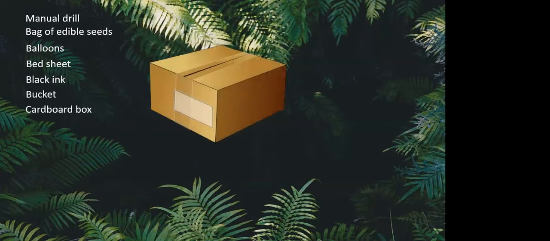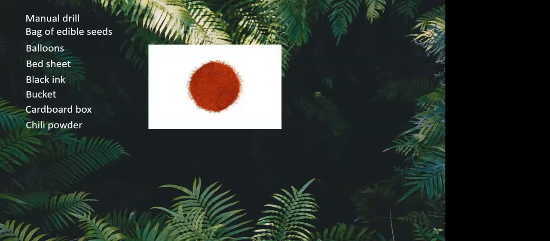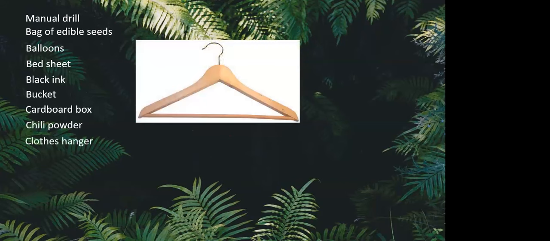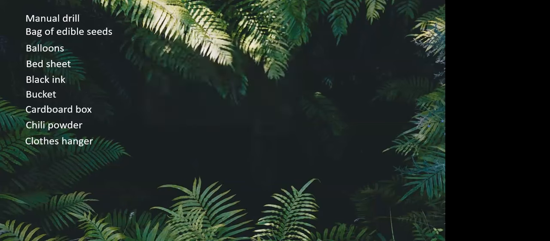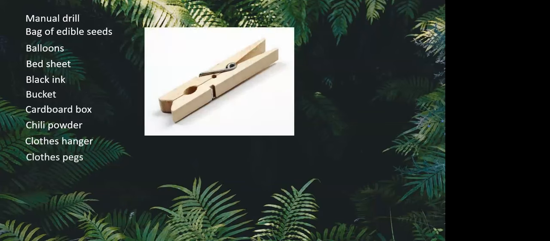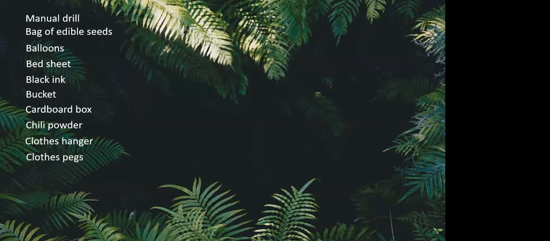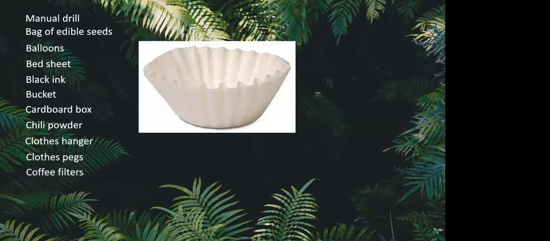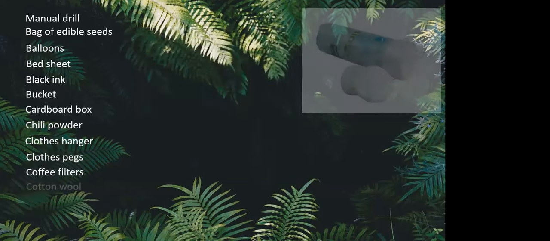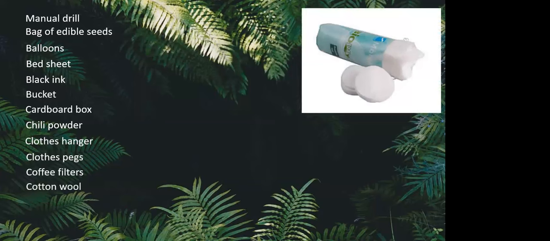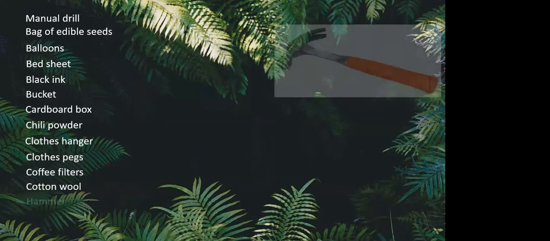We have a cardboard box. We have chili powder. We have a clothes hanger. We have clothes pegs. We have coffee filters. Cotton wool. A hammer.